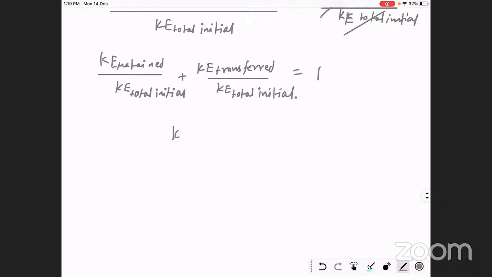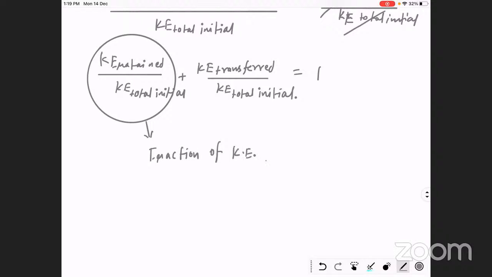So the ratio, fraction of kinetic energy retained, is equal to 1 minus the fraction of kinetic energy transferred.